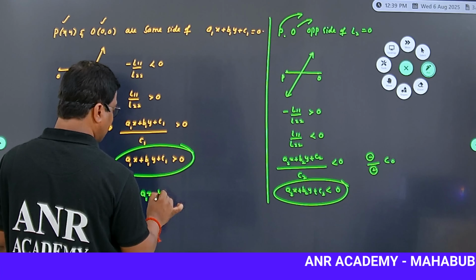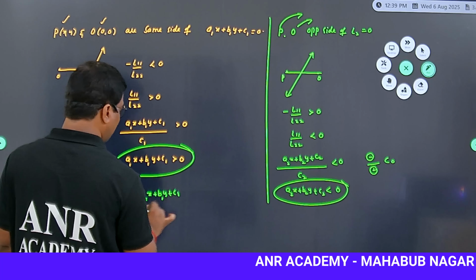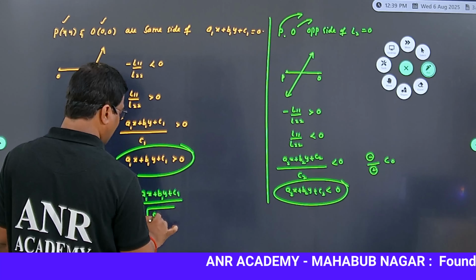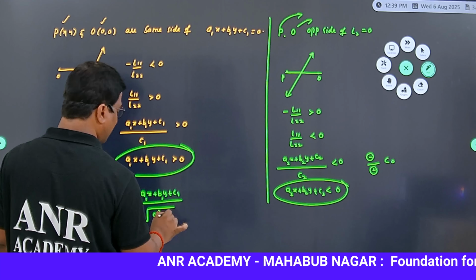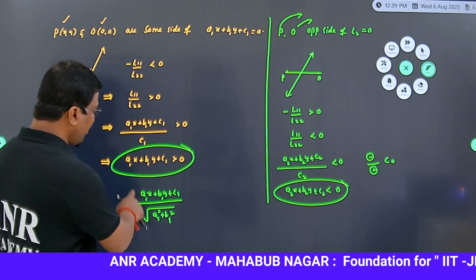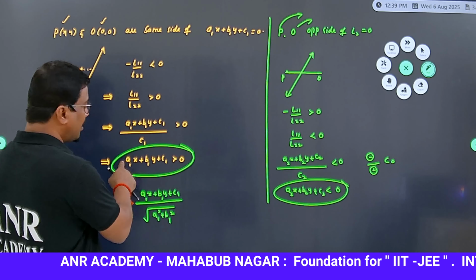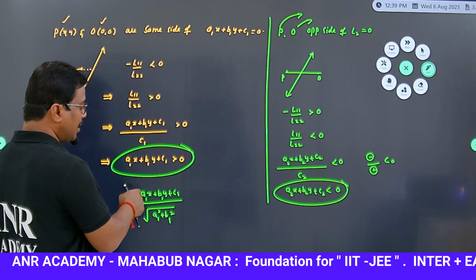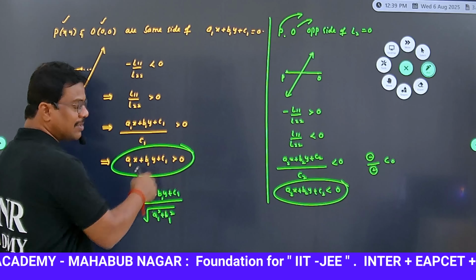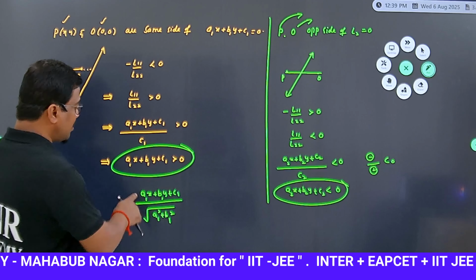Both are of opposite sign means in the formula you have A1x plus B1y plus C1 divided by root over A1 square plus B1 square, along with a modulus sign, but no need to write the modulus. Why? Because already the internal quantity is more than 0. So just put it as it is.